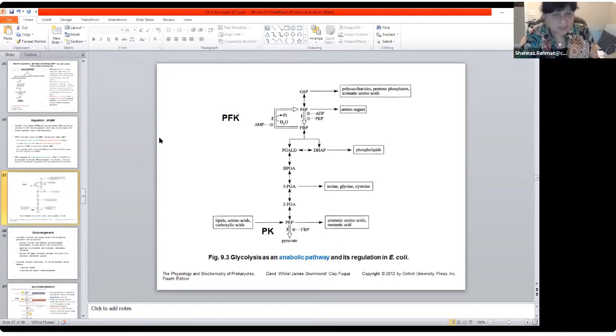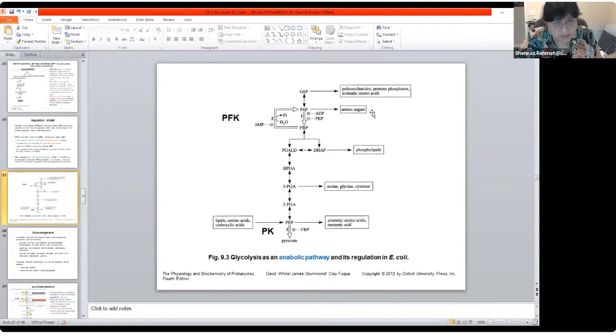That means a synthesis pathway, because gluconeogenesis, which is almost parallel to it, uses most of the same enzymes, and this becomes an anabolic pathway. So glycolysis is also an anabolic pathway, meaning glucose can be synthesized. Glycolysis is anabolic because intermediates from this glycolysis are being used for synthesis of different amino acids or so. So here are some of the precursors for amino acids.